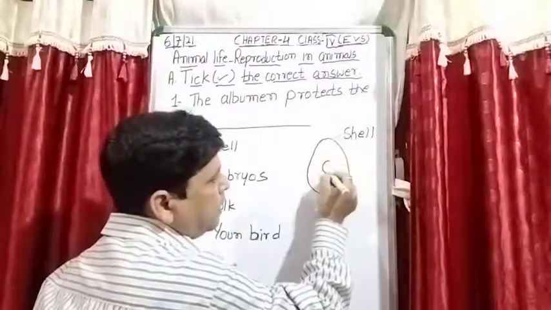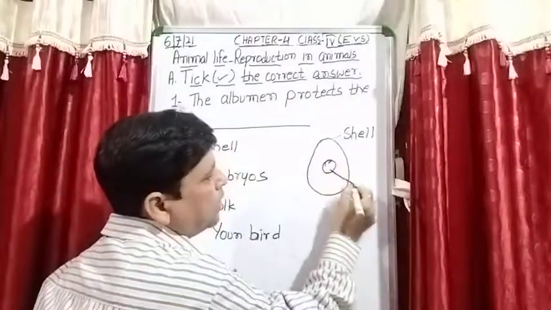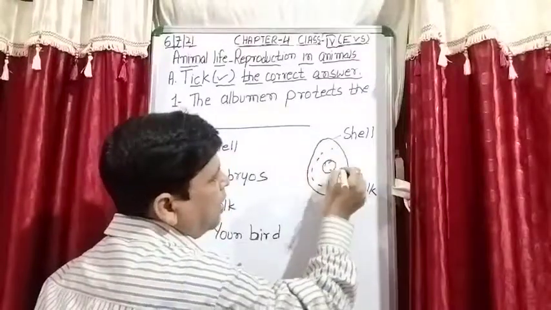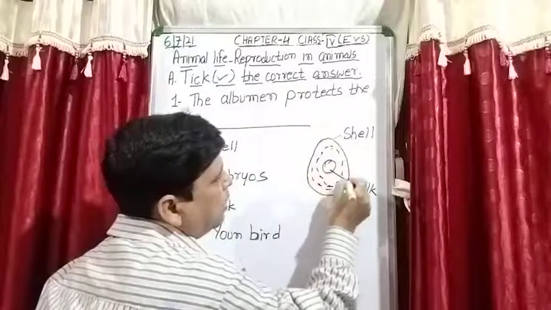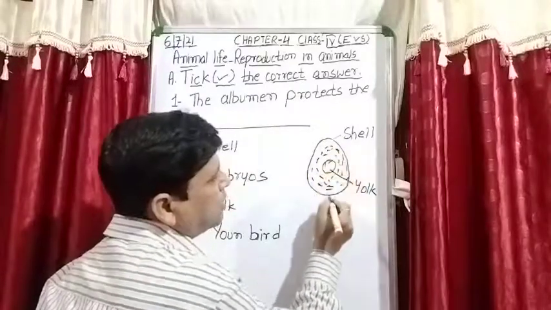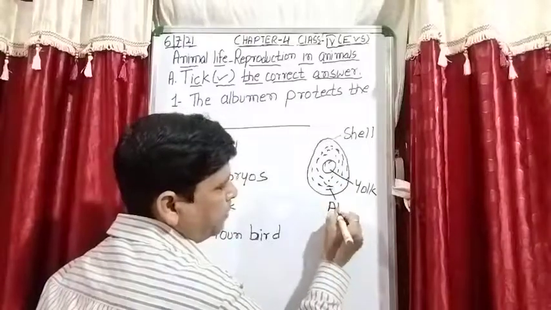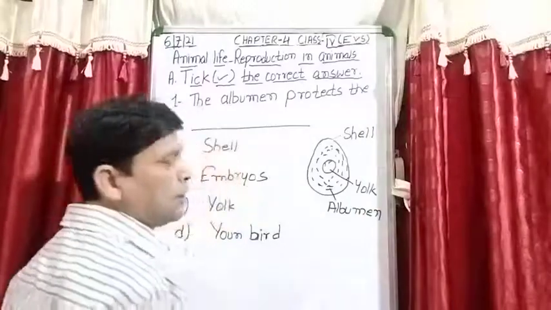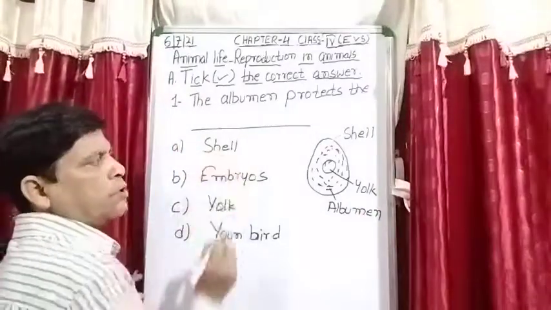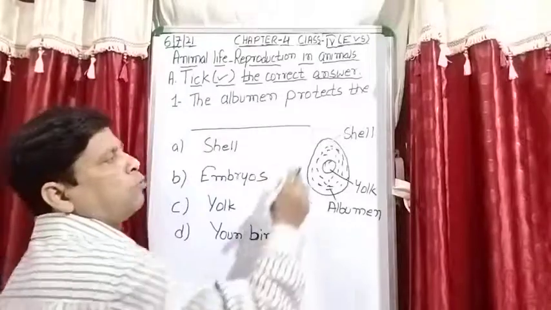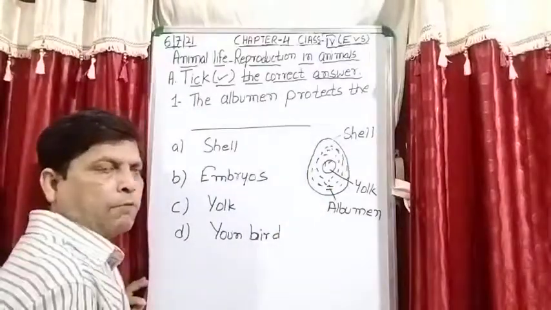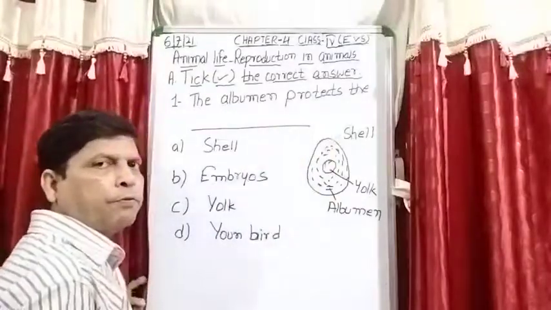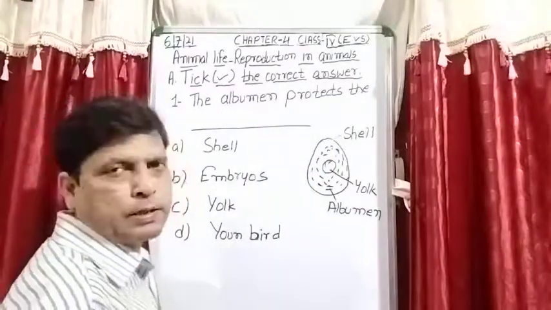After that, the inner layer that is yellow in color is known as the yolk, and outside the yolk is the albumin. Is it clear? So shell is not the right answer because the shell is the outer covering of the egg. When the egg hatches, this shell breaks and the young one of the animal comes out from it.